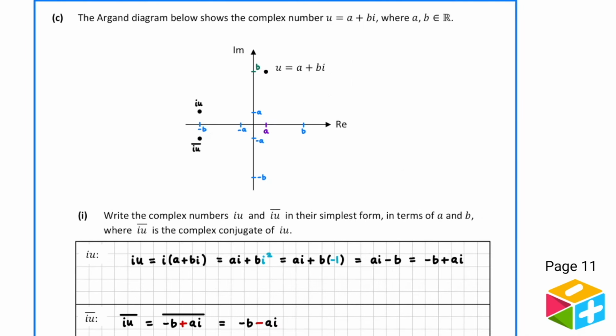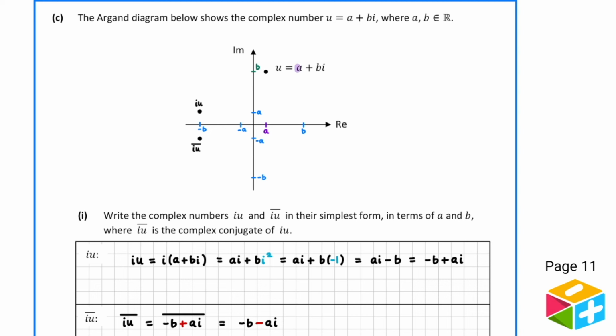In part C, we are asked to work with an Argand diagram. A point has been plotted for us. U is equal to A plus BI. It's useful to use this point to put some labels on our axes.